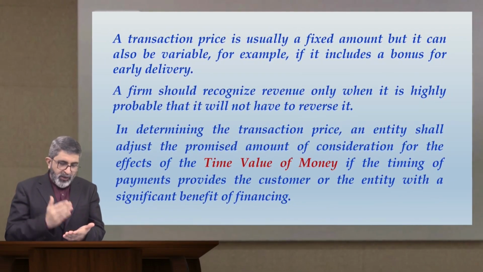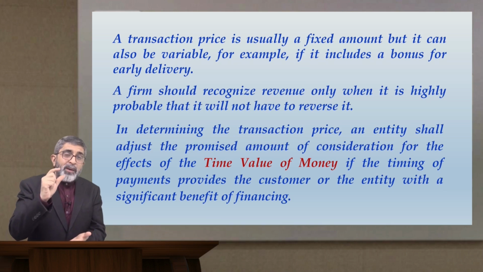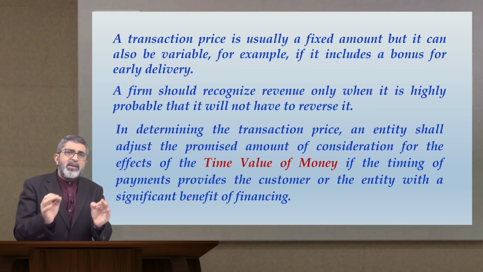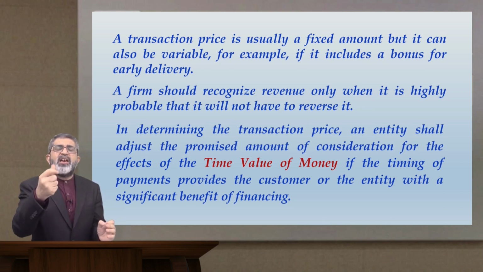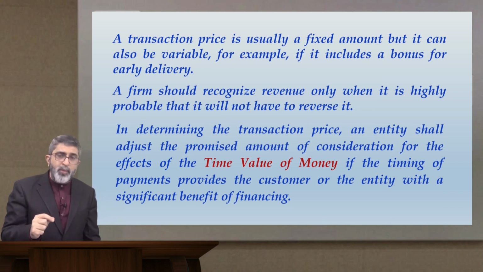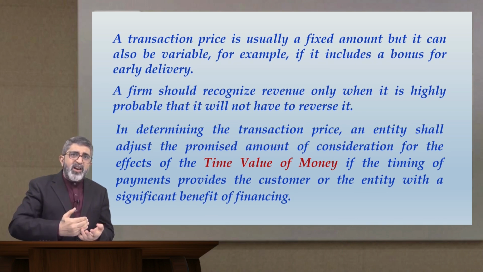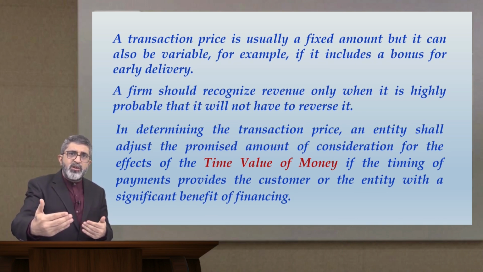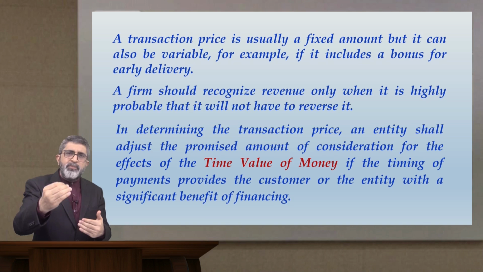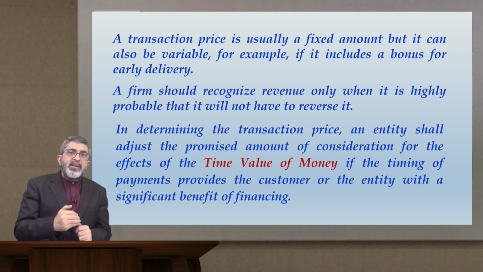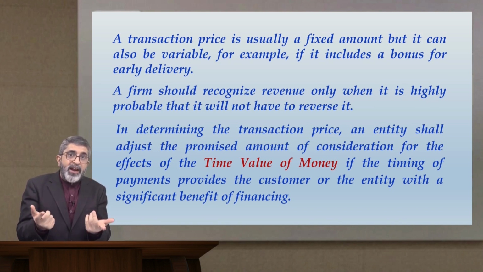First of all, the initial part over here indicates that the transaction price may be a fixed price and sometimes it may include a variable component. For example, if I am a construction contractor and the total price agreed for the entire construction work when I fulfill my performance obligation is suppose $40,000, but I have been given 6 months time to complete the contract.